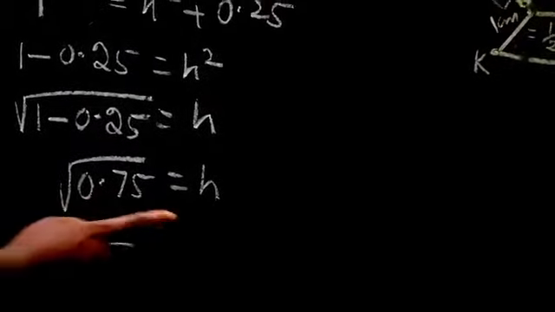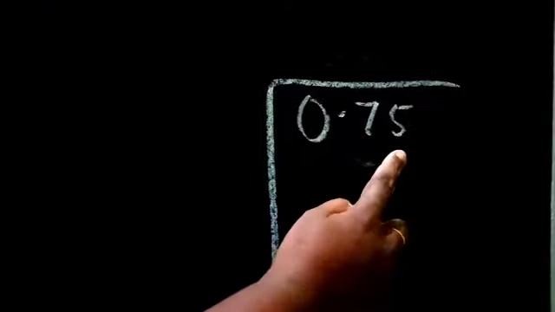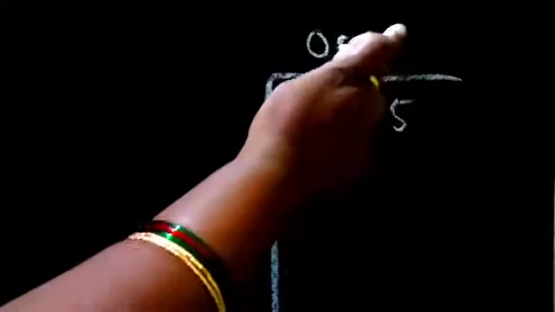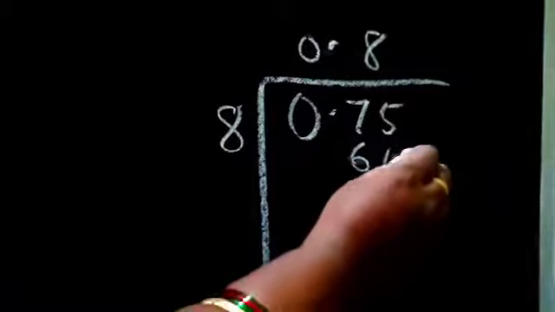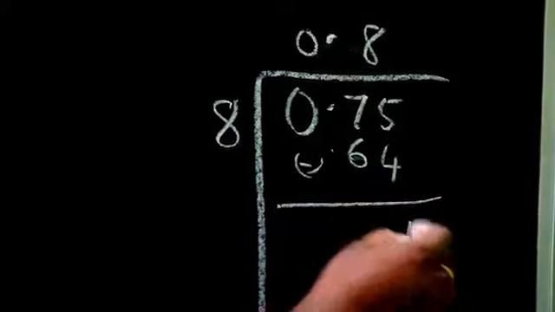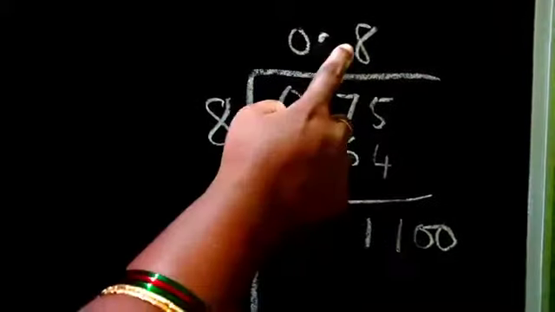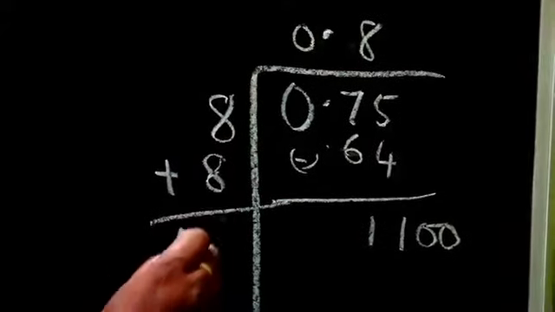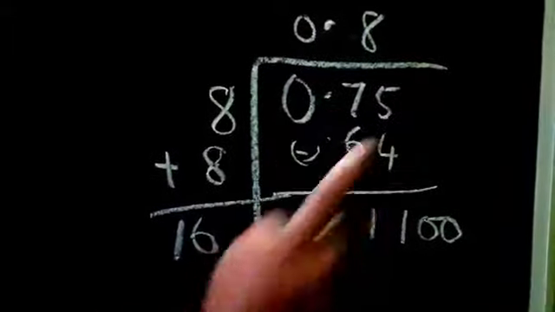So the square root of 0.75 also, by the division method we have to find the value of this. We have here only a decimal value. So we are going to take only the point number. So 0 point. Any number if you write, the same number we should write here also. So here 8 8s are 64. Then we have to subtract here. So it will become now 5 minus 4 is 1. 7 minus 6 is 1. So now directly we can put 2 zeros here. This 8 we have to bring here and add. 8 plus 8 is 16. And some value if you write here, the same value you must write in this place also.